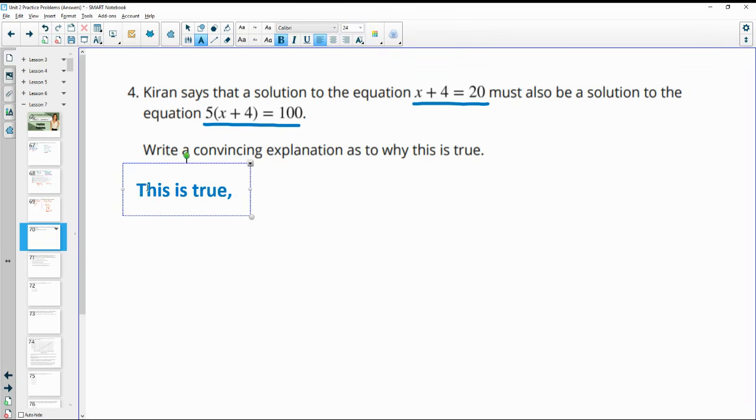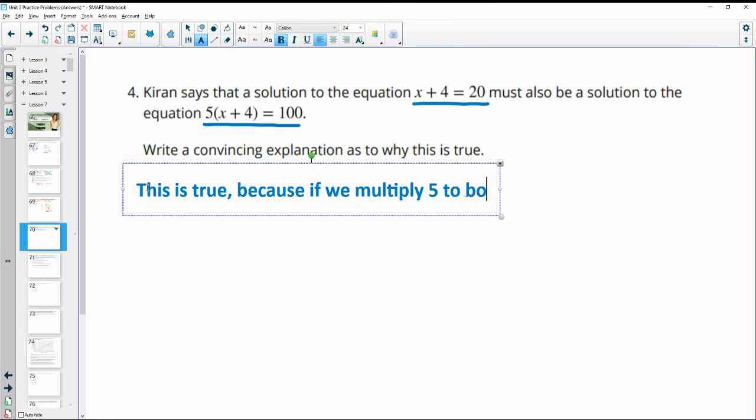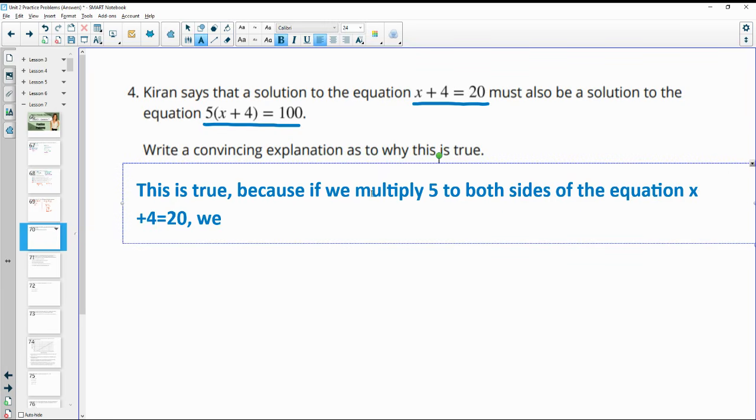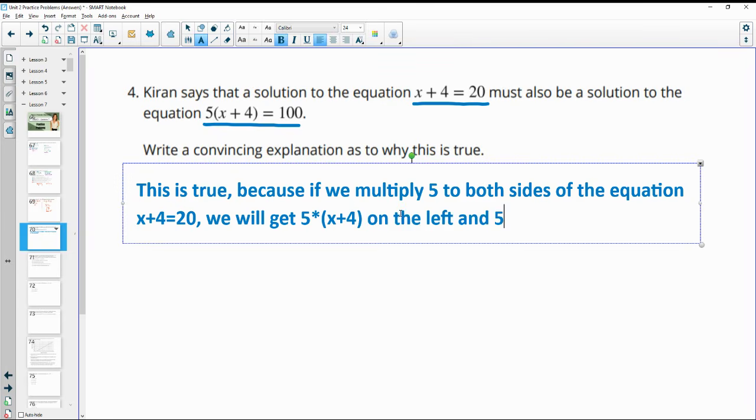So this is true because if we multiply 5 to both sides of the equation x plus 4 equals 20, we will get 5 times (x plus 4) on the left and 5 times 20 on the right.